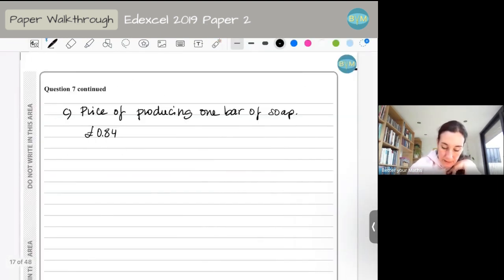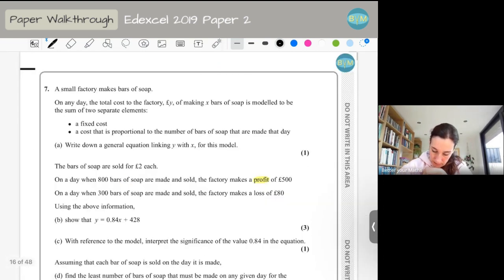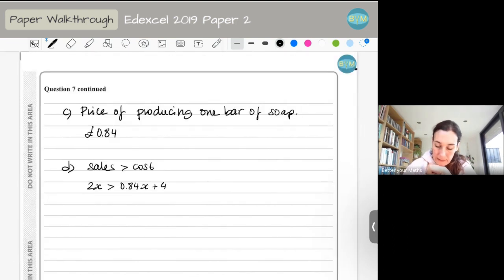So to have a profit, we need that the sales are greater than the cost. The sales are 2 pounds multiplied by the number of bars. They're asking us the number of bars. This must be greater than the cost, and the cost is that equation that we have there. So the 0.84 times x plus 428. I'm just going to solve this inequality.